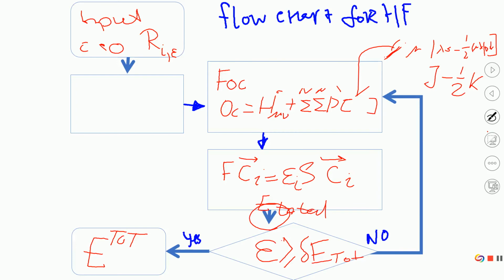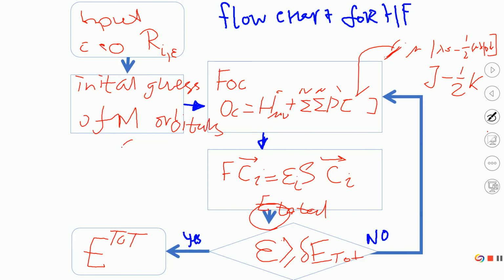But in order to start this procedure, one needs to make a random guess or some educated guess for the C sub I coefficients. And just that symbol, C sub I. Is that it? Okay. Yeah, good, thank you.